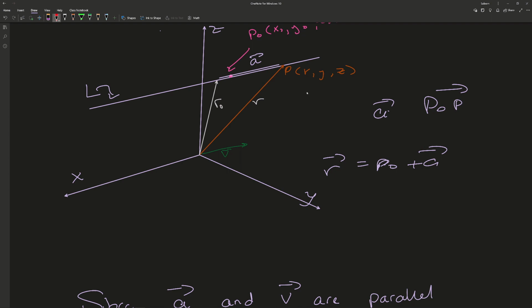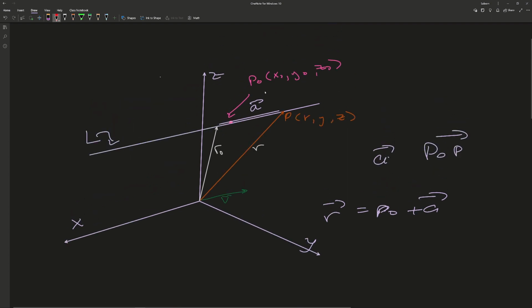So we have positive values of t that correspond to points that lie on the other side of p0. Because remember, this is the entire line L here. So the vector v here gives the direction of the line L, because remember they are parallel, so this is going in the same direction like this.